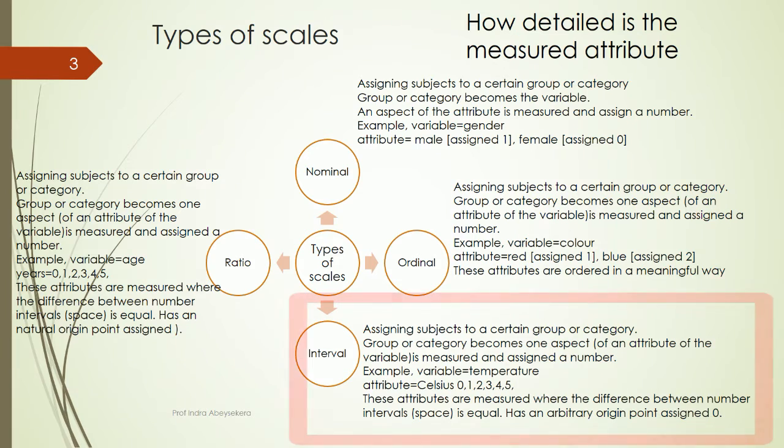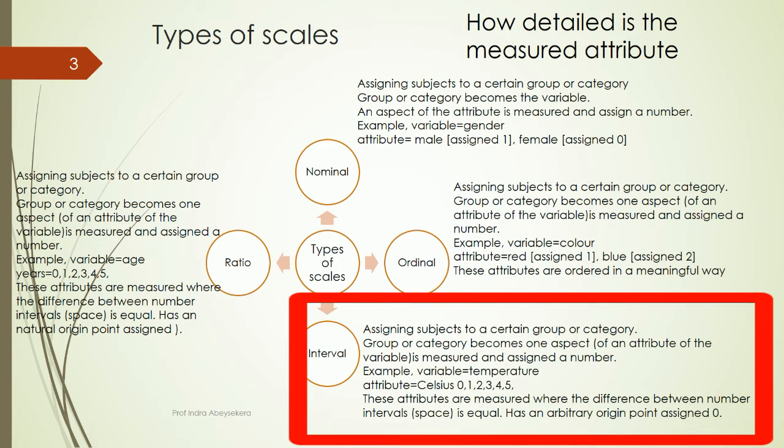The third is an interval scale, where we have a measure where the differences between numbers, or the intervals between numbers, are equal. And there is a 0 point. The 0 point is constructed for our measurement purposes.